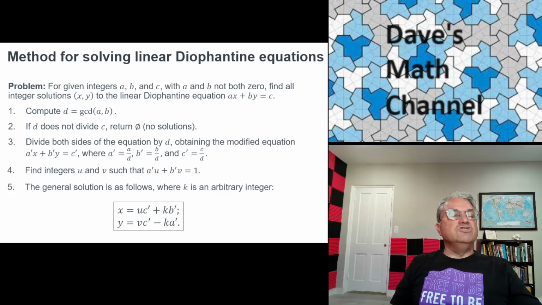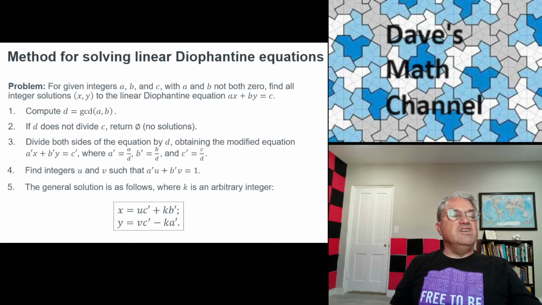So you do that first, and then you want to check whether this greatest common divisor D divides the c. And if it doesn't, then there are no solutions in integers. It turns out, if D does not divide the constant term, that's pretty easy to prove. So that takes care of that case.